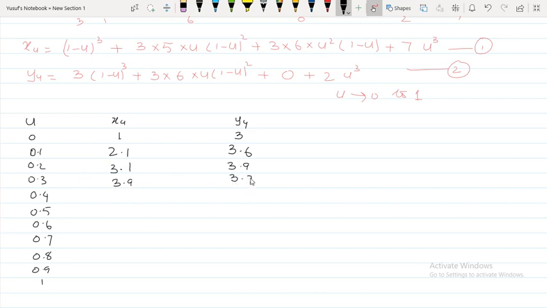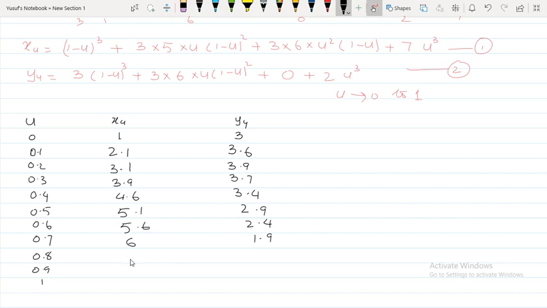For 0.4, 4.6 and 3.4. For 0.5, 5.1, 2.9. For 0.6, 5.6, 2.4. At 0.7, 6 and 1.9.